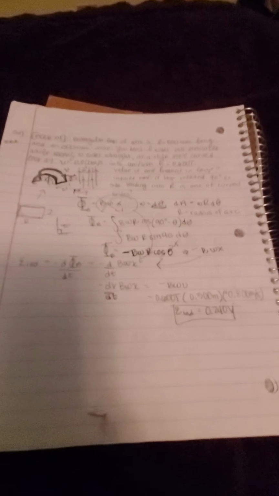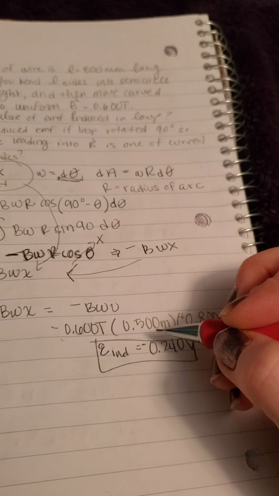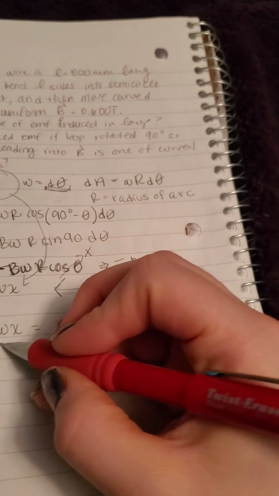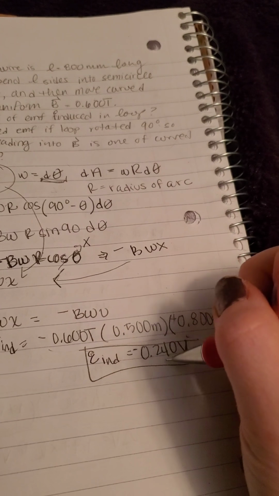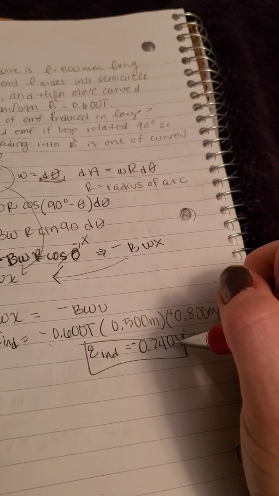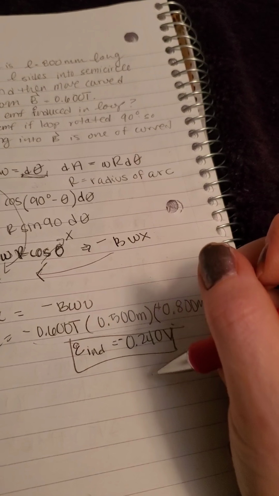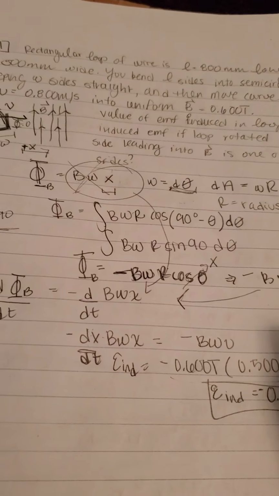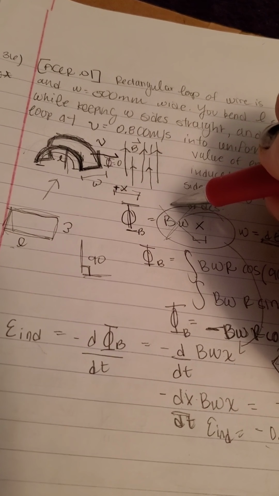Okay. So after you find the E induced, which equals negative 0.240 volts, that means that the induced EMF is negative, and I described this as being positive x direction.